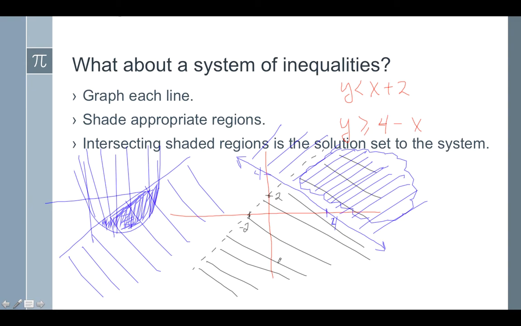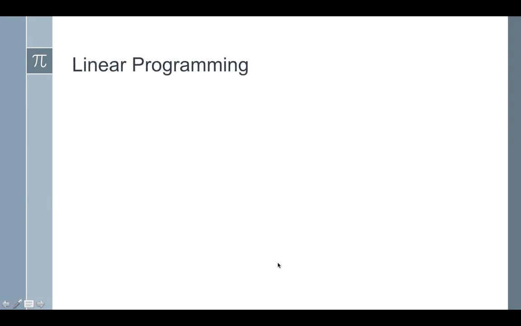All right, last piece is what's called linear programming. Now, linear programming is a way to minimize or maximize profit, or at least it is in what we do in this particular class in Algebra 1. Now, it has nothing to do with computers, but it does have to do with linear equations, or inequalities, actually.